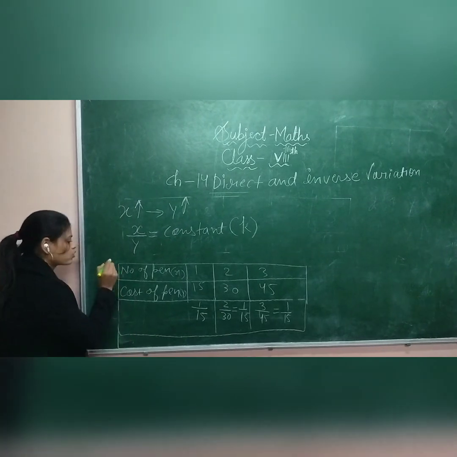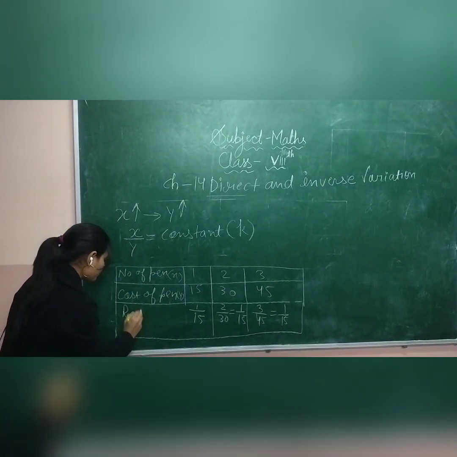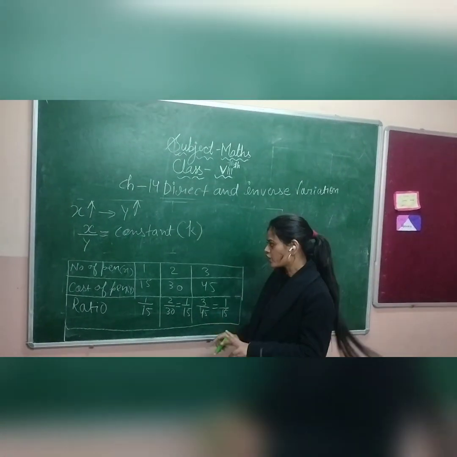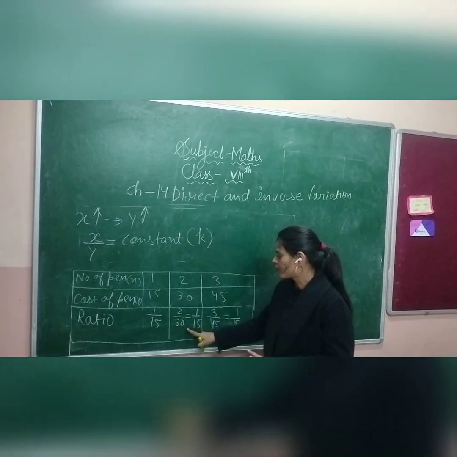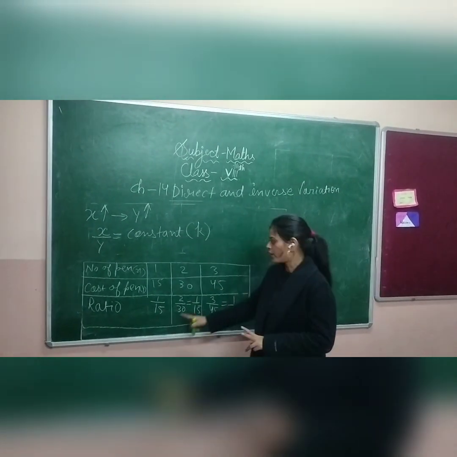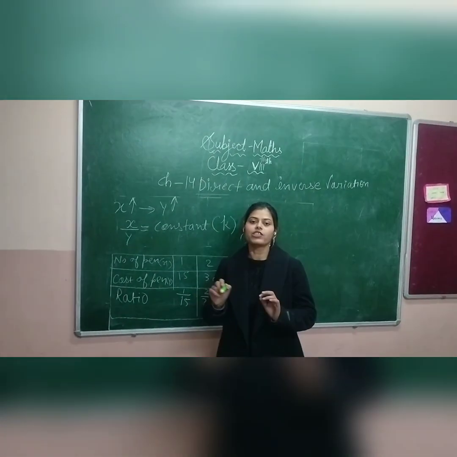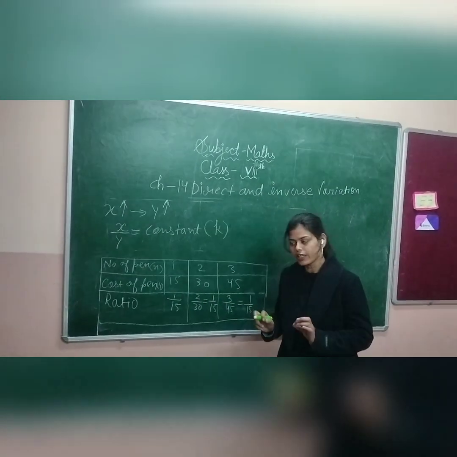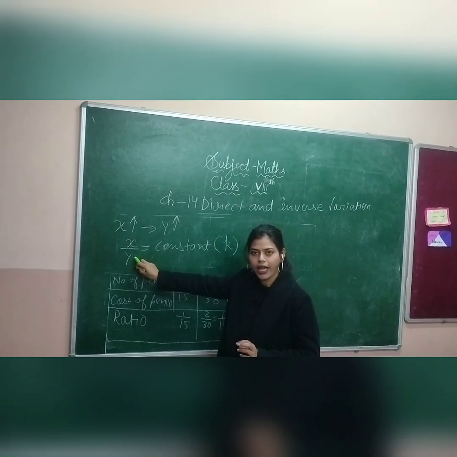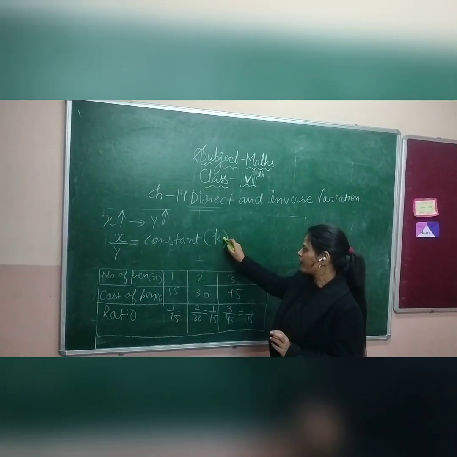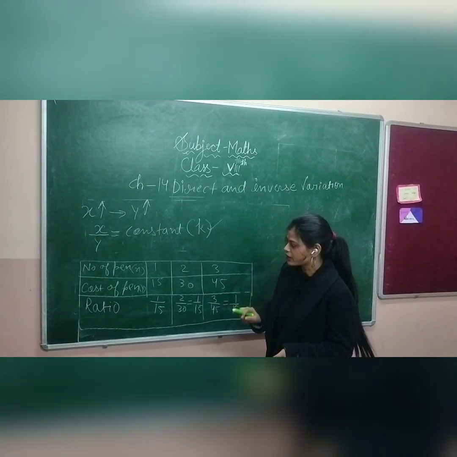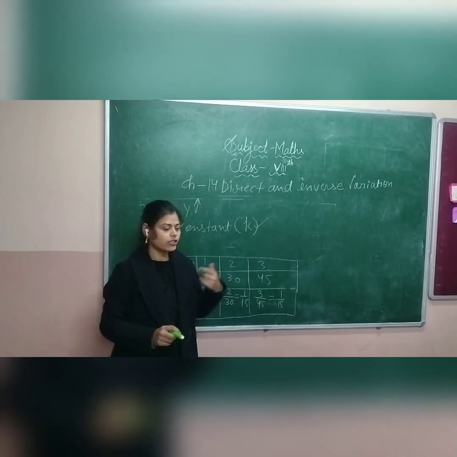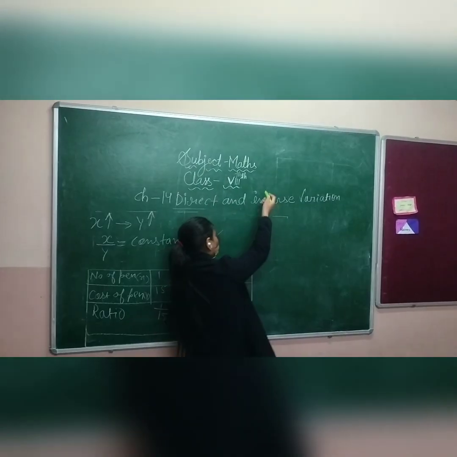So you can check, students, by taking the ratio of any two values, if their ratio remains the same at every point, then we will say that this is an example of direct variation. So how will you check? x by y, and if every time it gives you a constant value, then we will say this is direct variation.